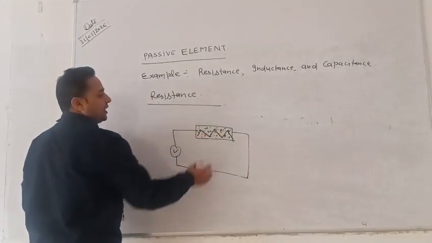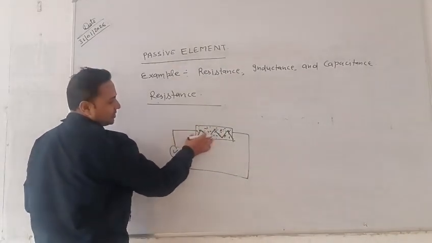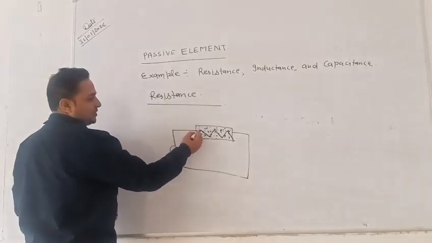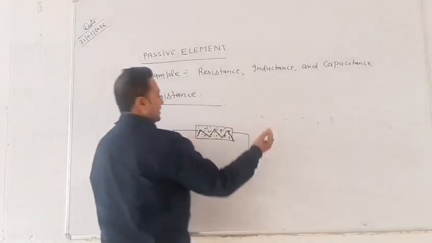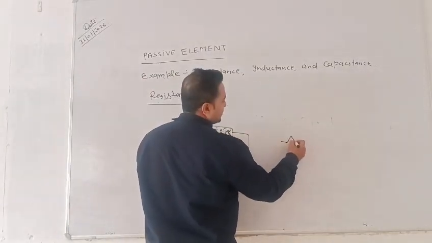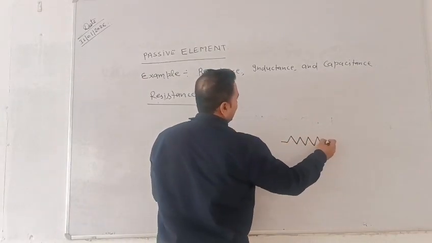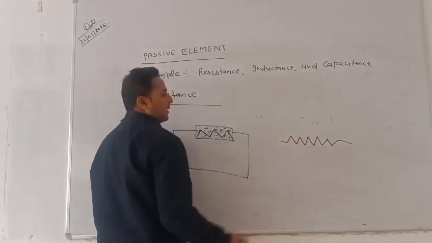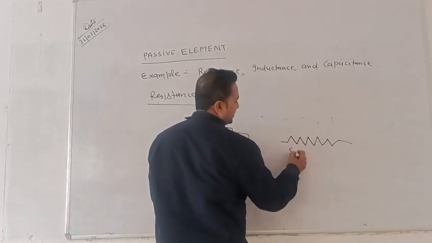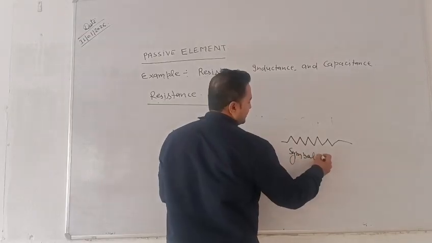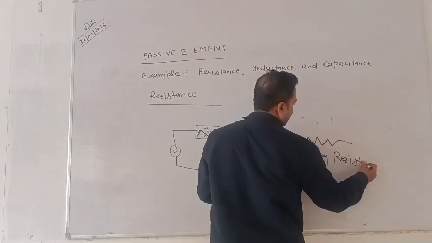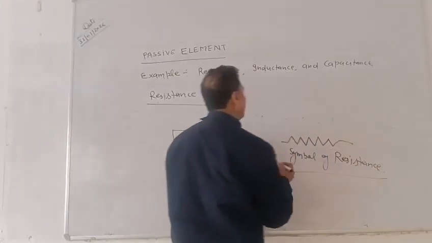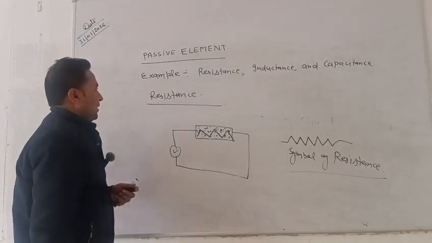Initially current flows easily, but due to these directions, they oppose the flow of current. If we transfer these to the other side like this, this is the symbol of resistance.